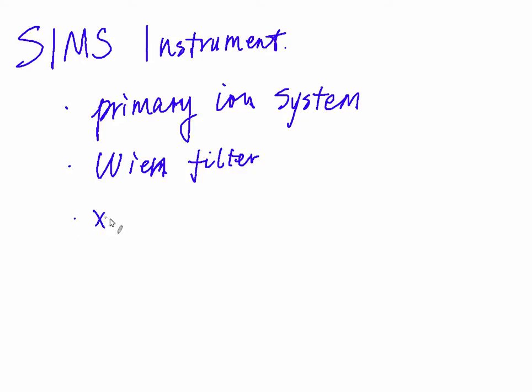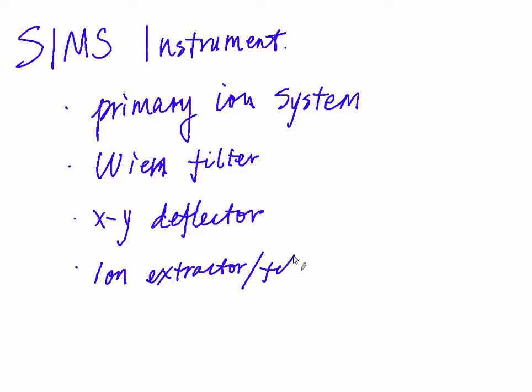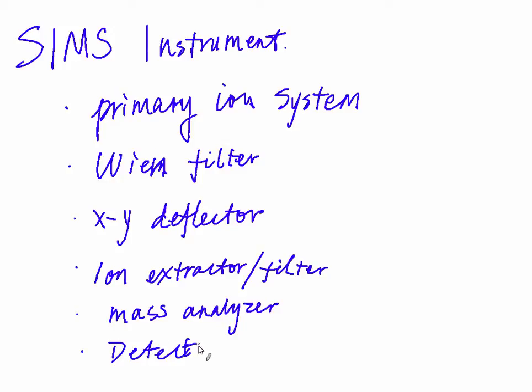The third is an XY deflector. And also there is an ion extractor or filter, a mass analyzer, and at last a detector. We can draw a diagram of how the instrument is working.